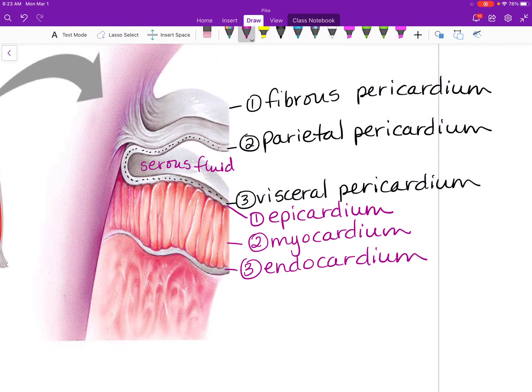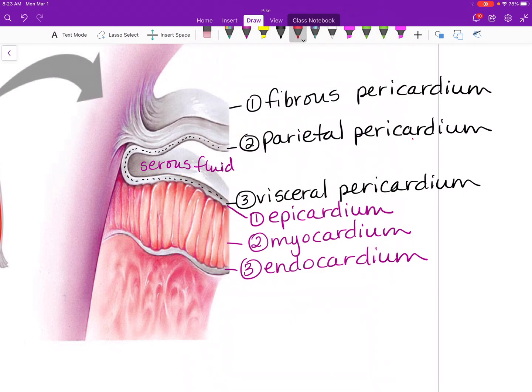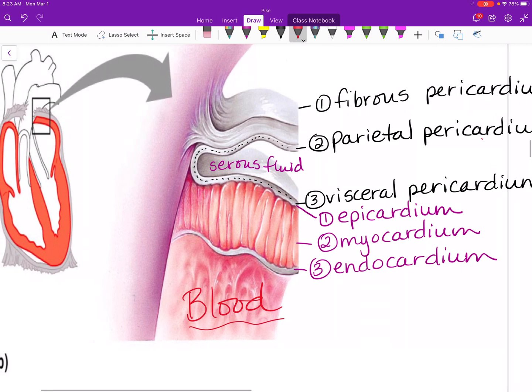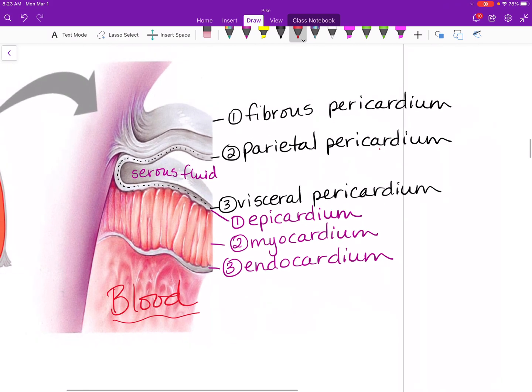Endocardium. Okay. And then here is where you would have blood. Okay, this is the inside of the heart right here. Okay. And then all of this purple on the side here is a blood vessel. Okay. And so you can see how the heart coverings are attached to that in the heart wall. So the 3 layers of heart coverings and the 3 layers of the heart wall.